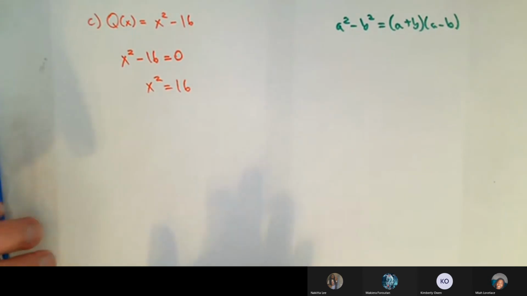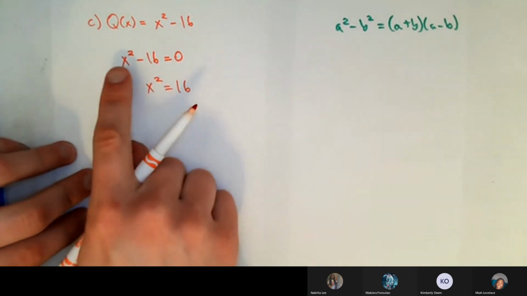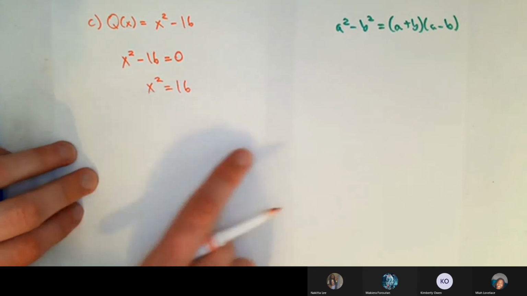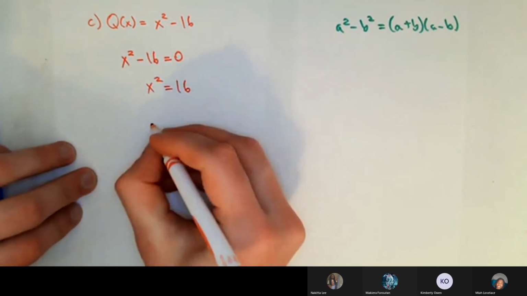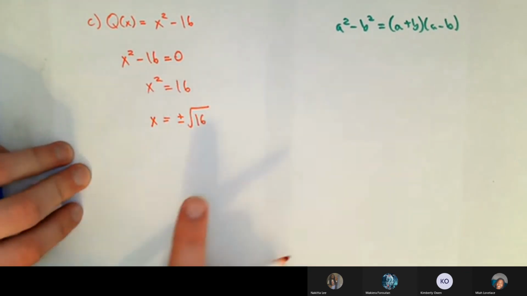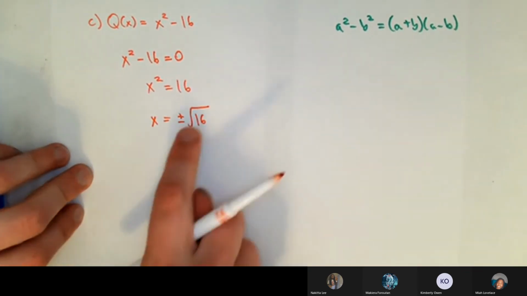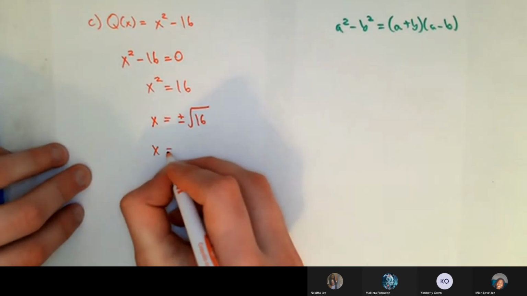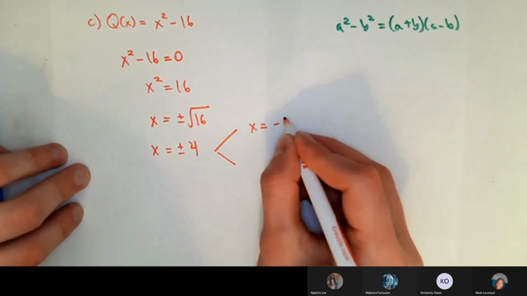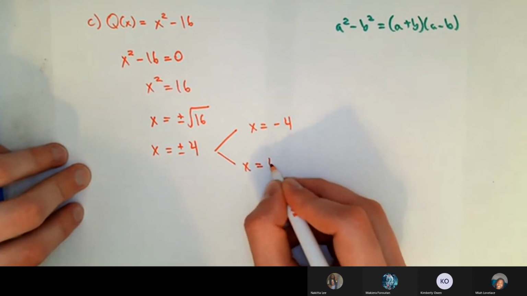You can only solve it directly when it's of this form, like x squared and then a constant. If there's any other x terms, you can't do this method. And then take a square root on both sides, so plus or minus. Don't forget to introduce plus or minus when you're solving it this way. And then the square root of 16 is 4, so I get plus or minus 4. So my two roots are -4 or 4.